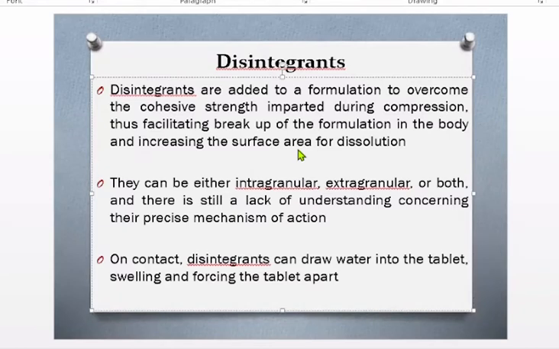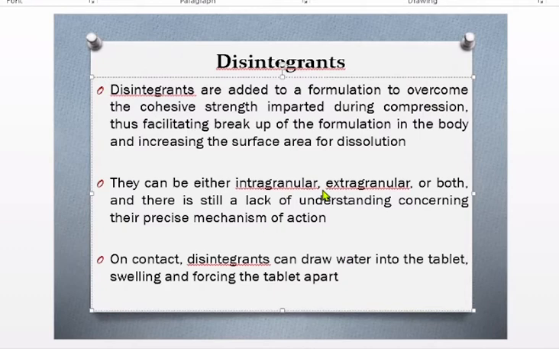So in order to assist the disintegration process, we add materials referred to as disintegrants. So these disintegrants are added to overcome the coercive strength that is imparted during compression. And these can either be intragranular or extragranular, or both, depending on how you add them.